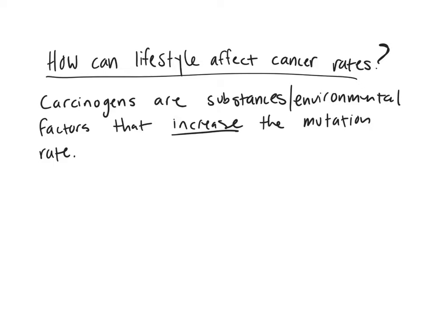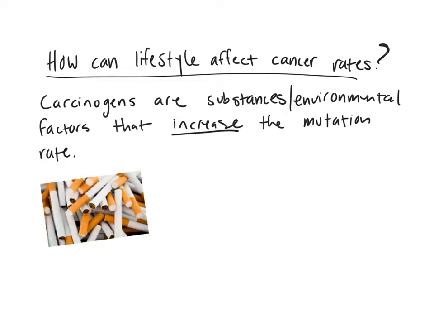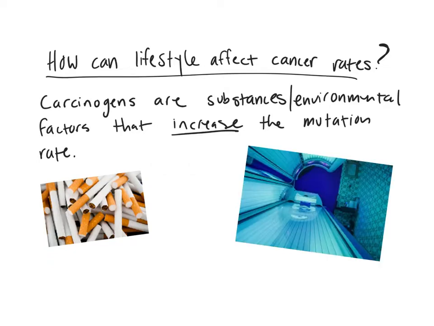They could be anything from cigarettes, tanning beds and UV rays, radiation, X-rays, MSG in certain foods. What all of these carcinogens have in common is that they are environmental factors, meaning that it has nothing to do with your genetics. It's all what you're exposed to in your lifetime, and they increase the mutation rate.